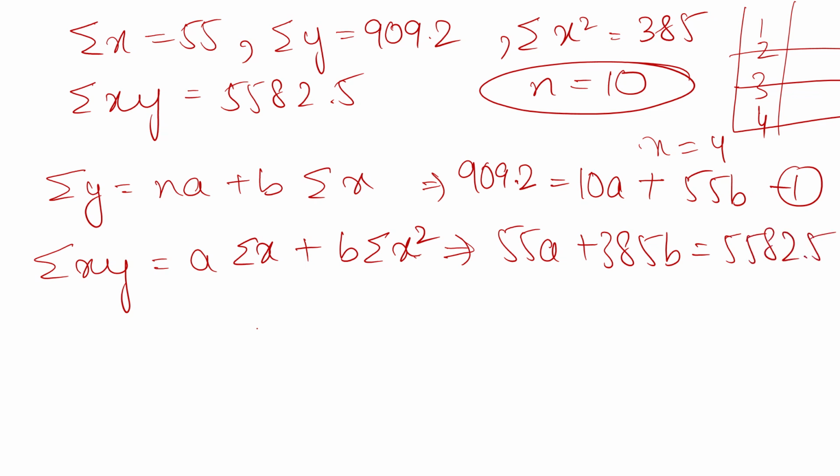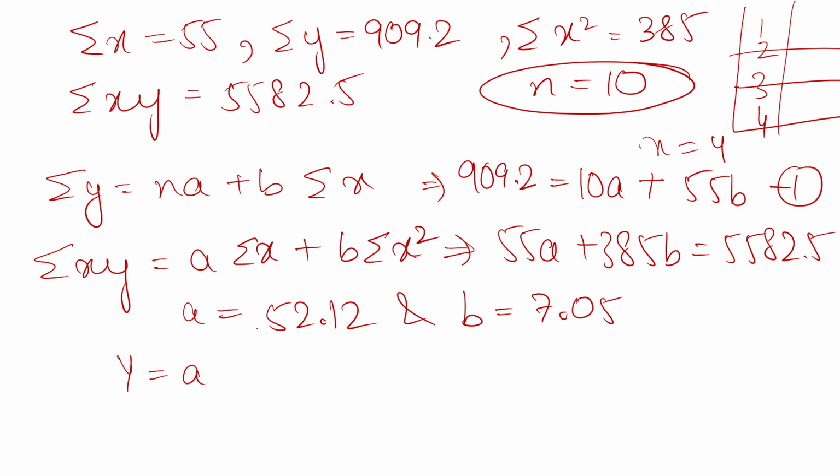On solving these two equations, we solve for a and b and get the value of a as 52.12 and the value of b as 7.05. Now we will write the straight line as y = a + bx, where a is 52.12 and b is 7.05, so y = 52.12 + 7.05x.